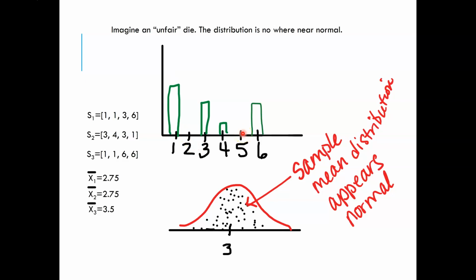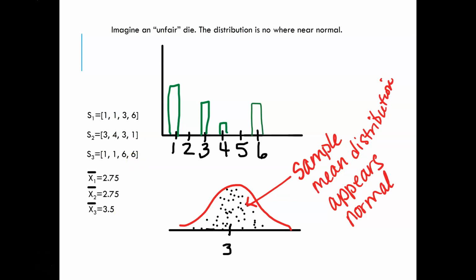However, if I went back and found the mean of each of these samples, so 1 plus 1 plus 3 plus 6, and I divided that by 4, I'd get 2.75. And then 3 plus 4 plus 3 plus 1, divide that by 4, I get 2.75. And then 1 plus 1 plus 6 plus 6, divide that by 4, I get 3.5.